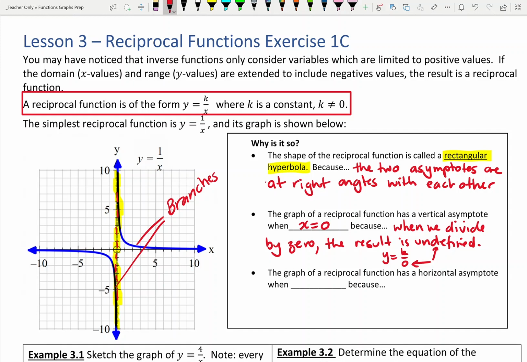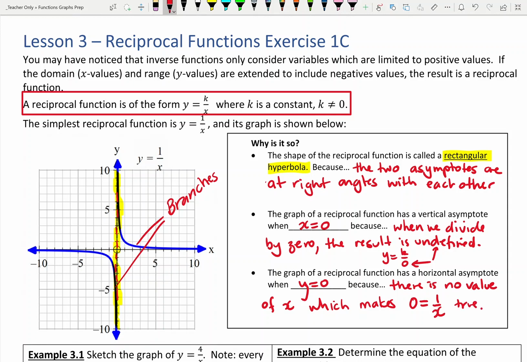There's also a horizontal asymptote when y equals 0, and this is because there is no value of x which makes 0 equal 1 on x true.